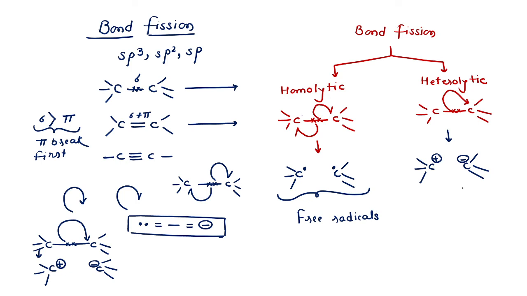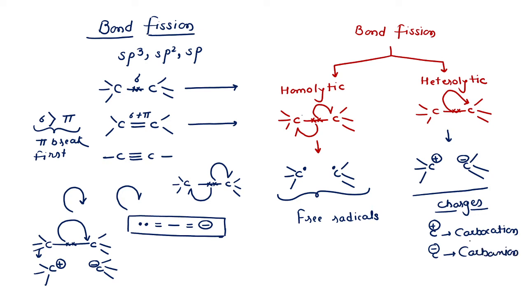And heterolytic fission will give charges. If there is a positive charge on carbon, it is known as a carbocation. If there is a negative charge on carbon, it is known as a carbanion. So in any reaction, if carbon contains one electron, it is a free radical.